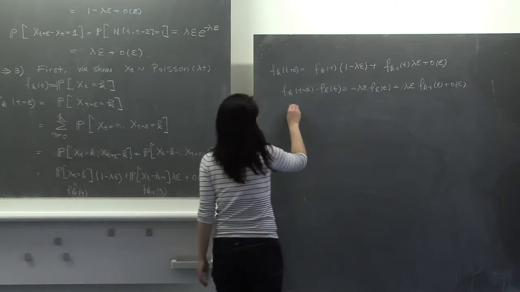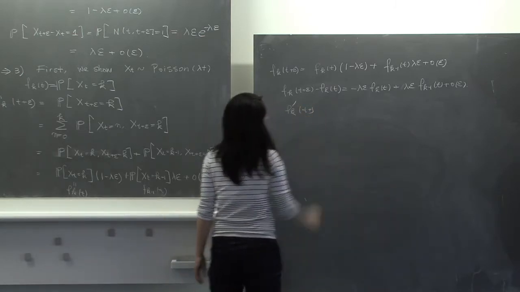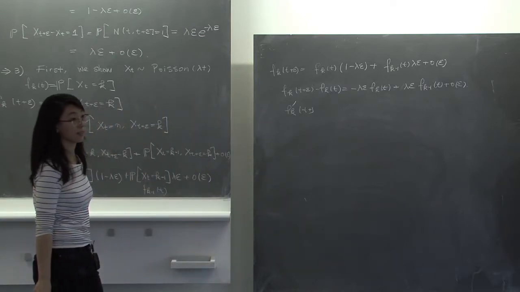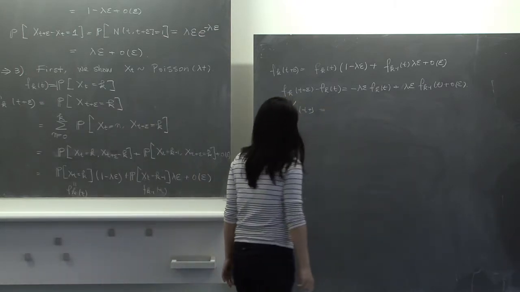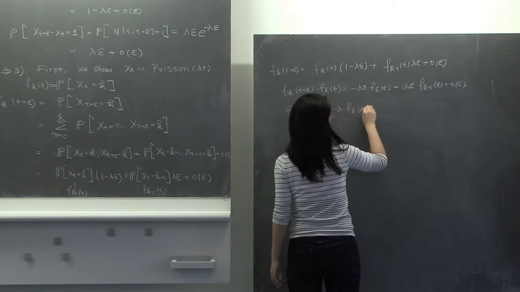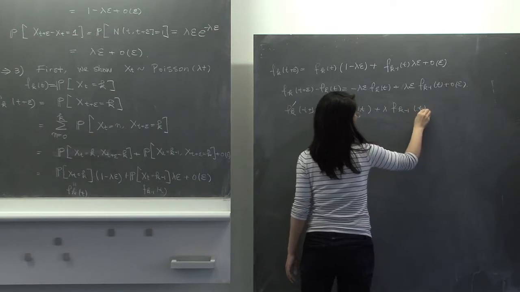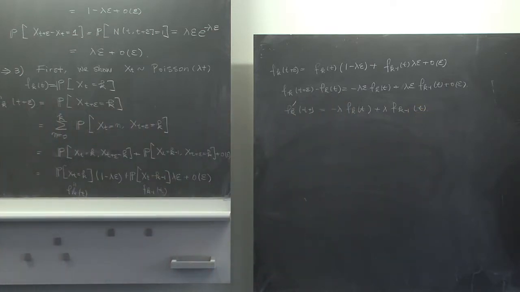If we divide both sides by epsilon and let epsilon go to 0, this tells us the right derivative of f_k equals the right-hand side.